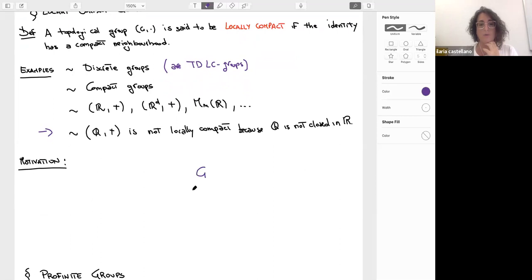If you start from G, a locally compact group, and you consider inside G the connected component, this is locally compact and connected.